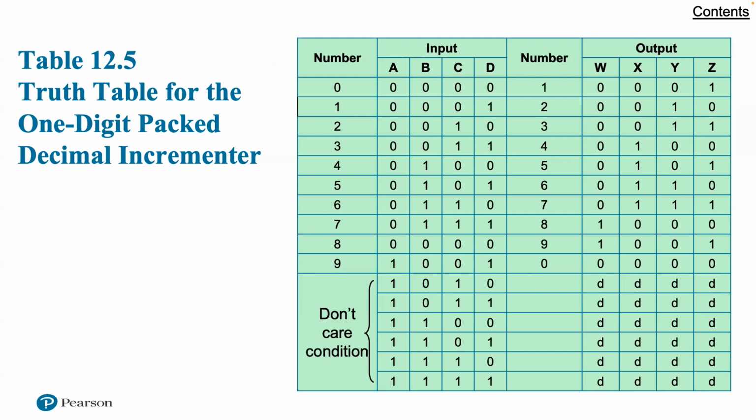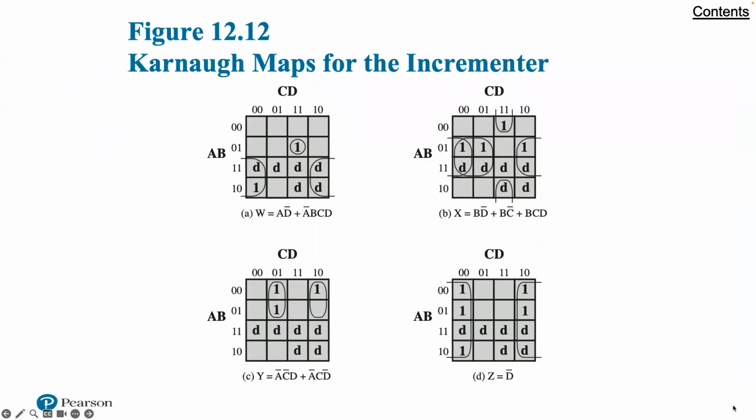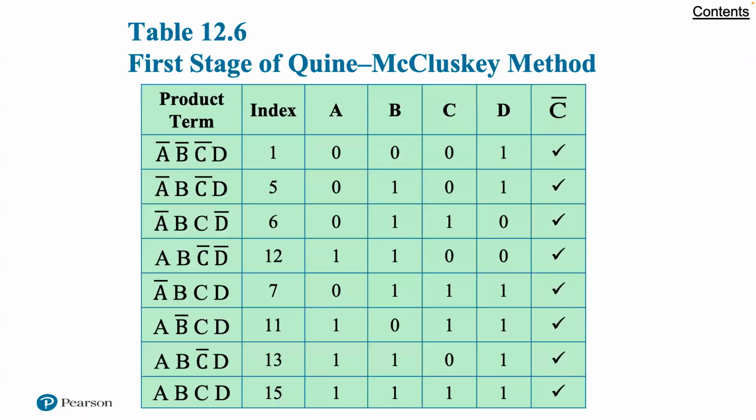So BCD is binary coded decimal, just to remind you of what we're talking about there. So figure 12.12 shows the resulting Carnot map for each of the output variables. The D squares are used to achieve the best possible groupings. So D, remember, is don't care.